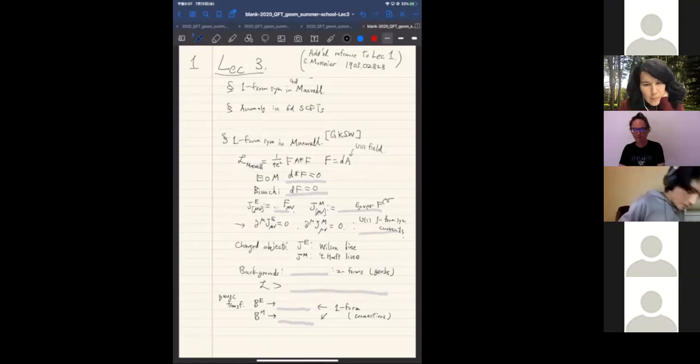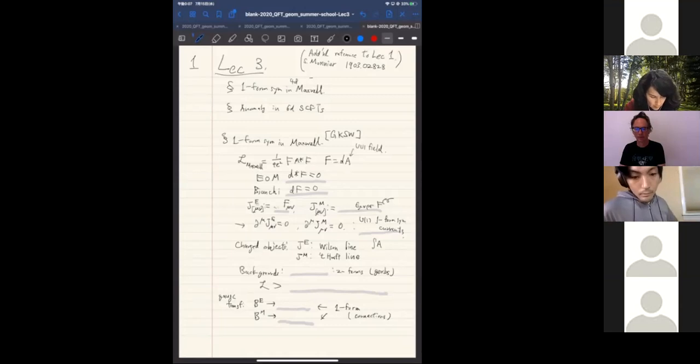E stands for electric and M stands for magnetic. For the U(1)_E one-form symmetry, the charged object is the Wilson line, the integral of A. For the magnetic symmetry, it's the 't Hooft line, which is the electromagnetic dual of the Wilson line, or you can think of it as the worldline of a probe magnetic object.